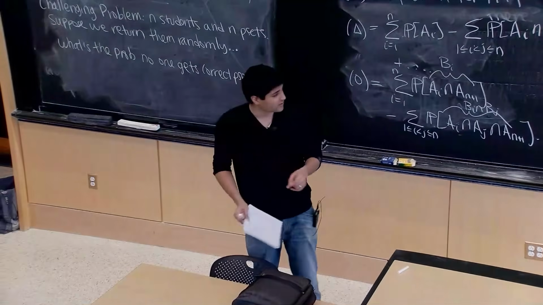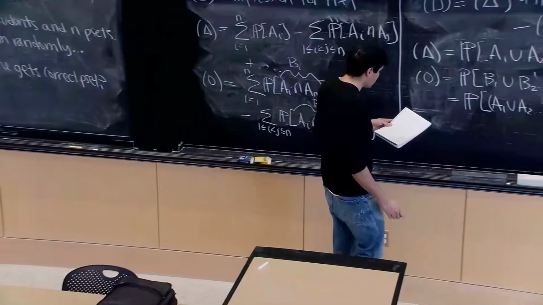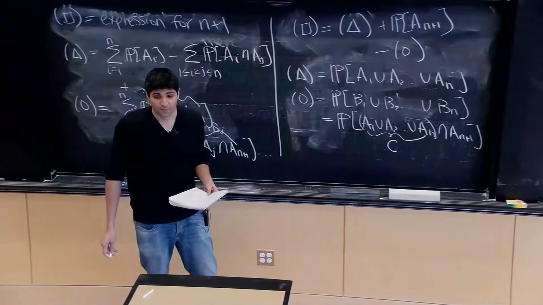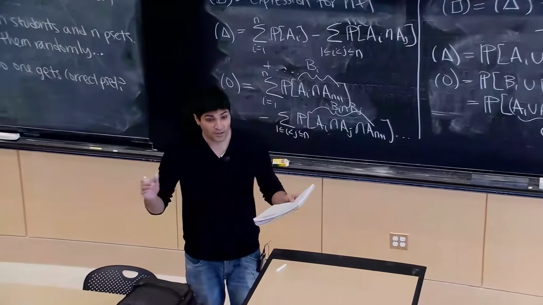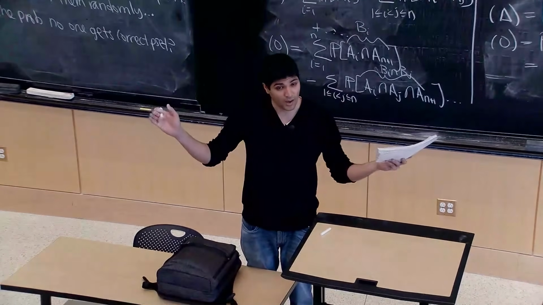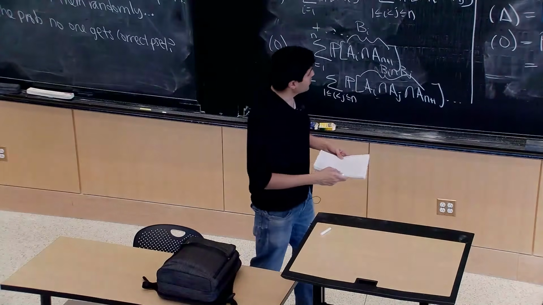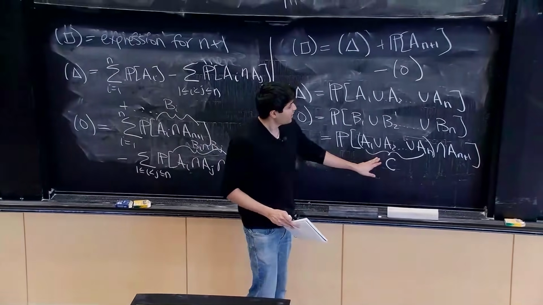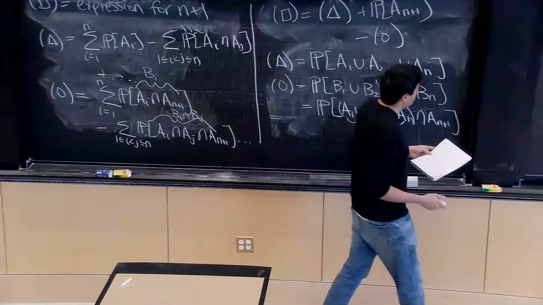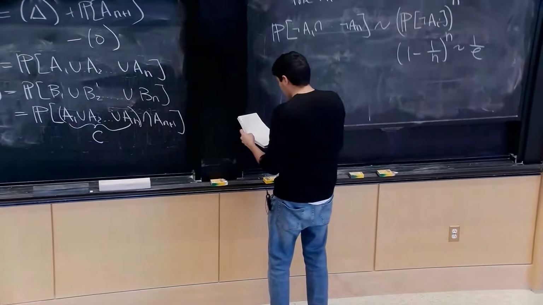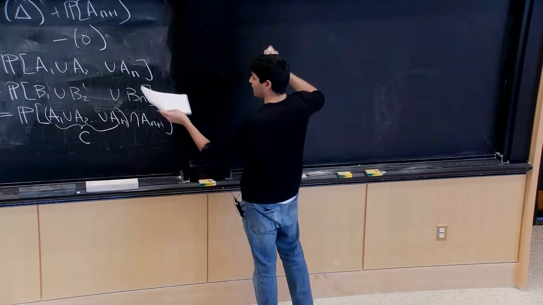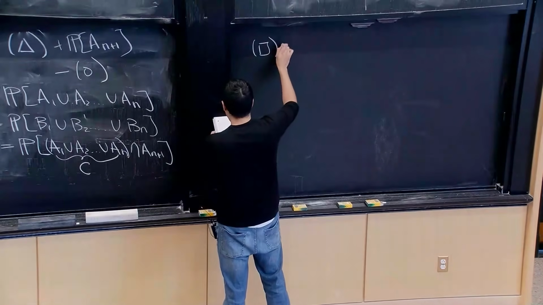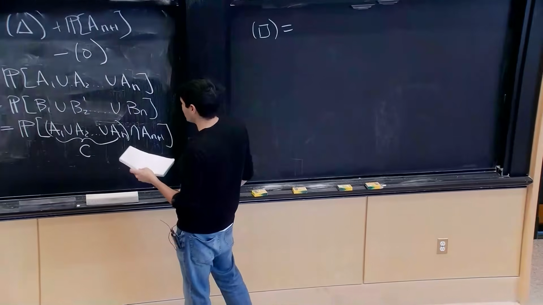So last piece, I won't even call this cleverness. I'm going to call this event right here C. The real event I care about is the union of all of the A_i's from 1 to n plus 1. But let me look at C as just the union from 1 to n. And let's write out what we know, and then we'll see that we've figured out our answer. Putting together all of this expression, we have that the square, well, we broke it up into different terms.